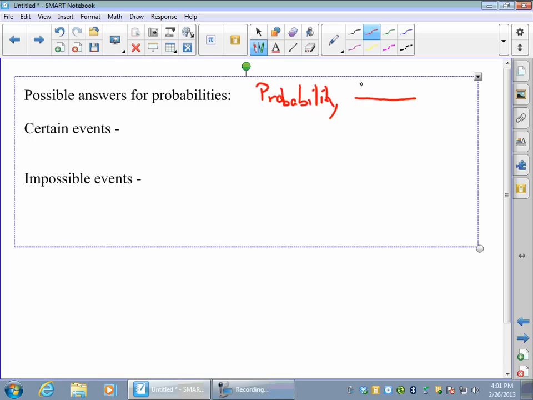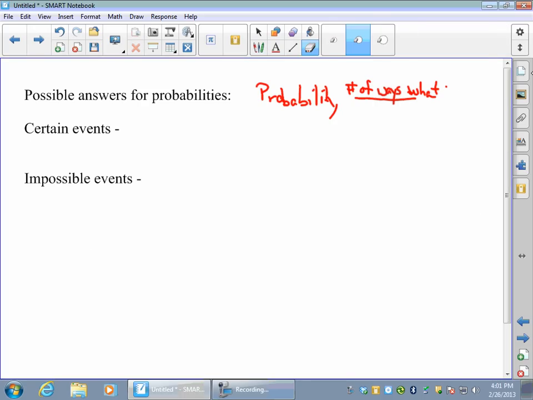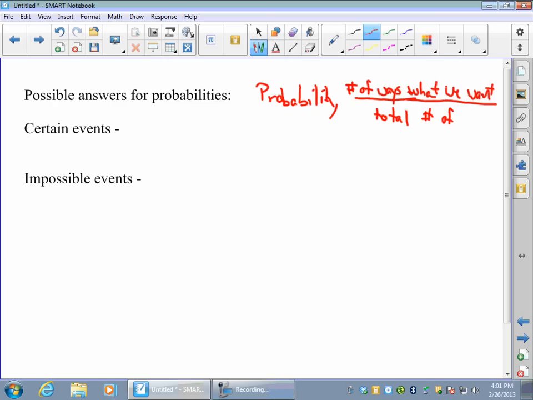It's the number of ways what we want to happen can happen over the total number of outcomes.